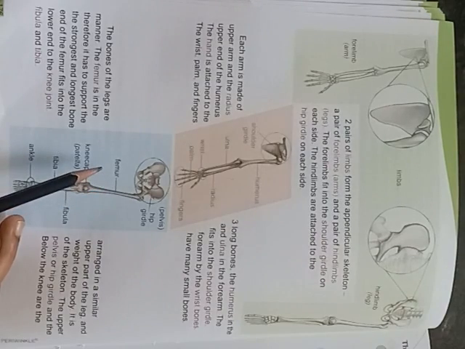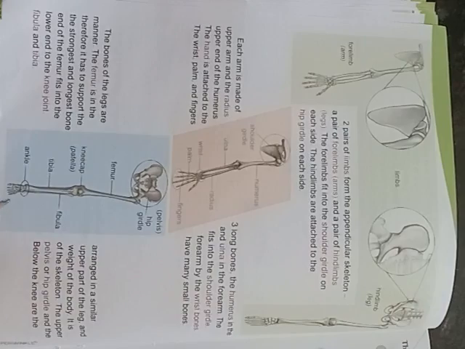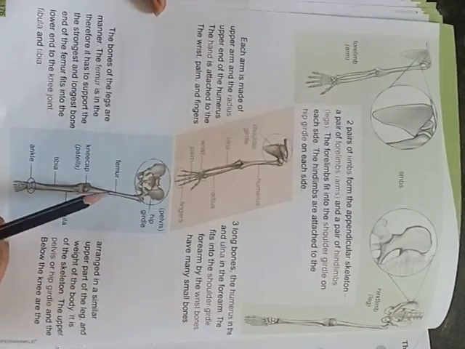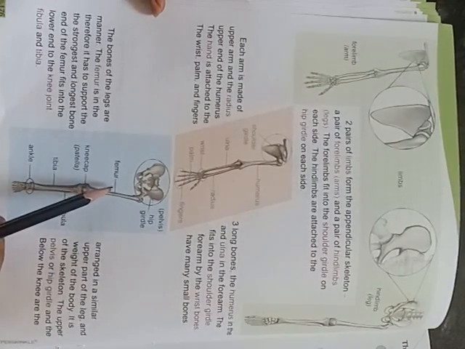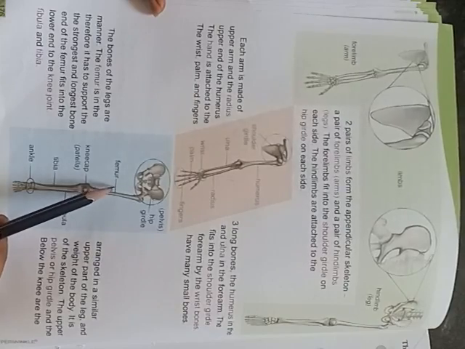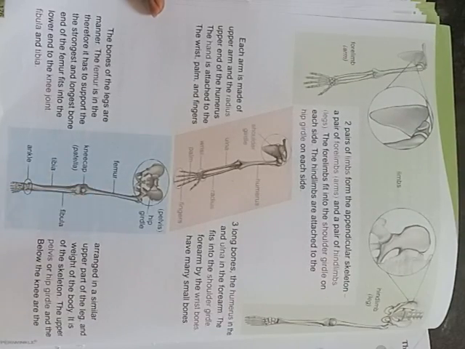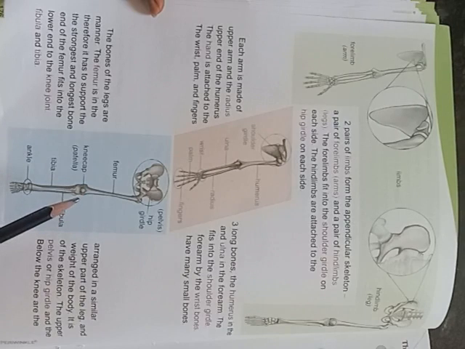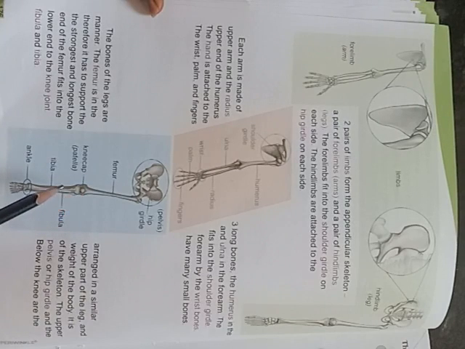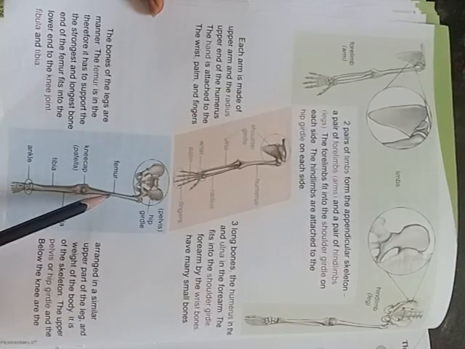The femur is in the upper part of the leg. See here. The femur is in the upper part of the leg and therefore it has to support the weight of the body. It is the strongest and longest bone of the skeleton.